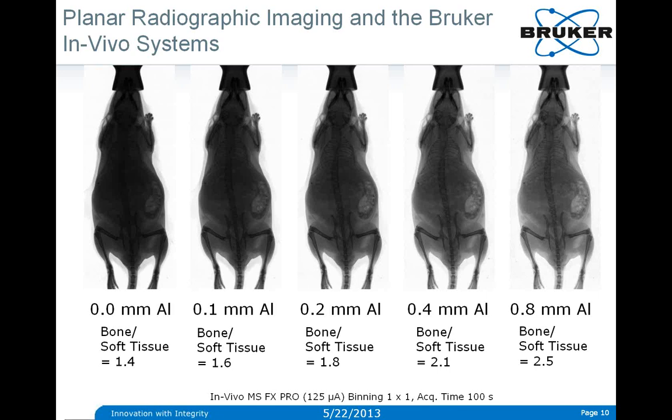And for bone density, we typically recommend that we use the 0.8 millimeter aluminum filter. The aluminum filter wheel is placed directly at the outlet of the X-ray source, so it filters out potentially soft X-ray energy prior to applying this to the sample.